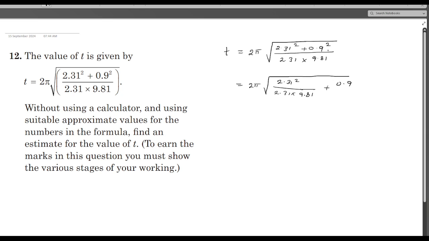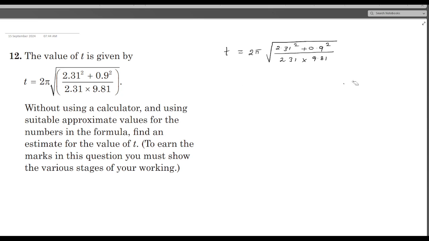So no benefit by doing this. So 2 pi square root, this 2.31 squared, I can consider this as, without using a calculator and using suitable approximate values for the numbers in the formula, find an estimate for the t.